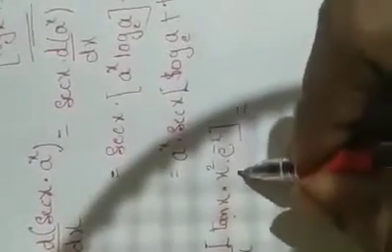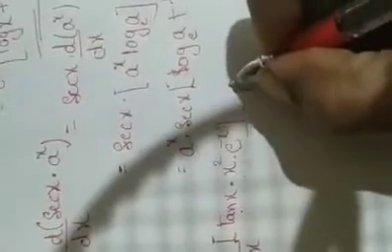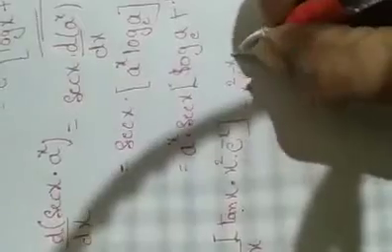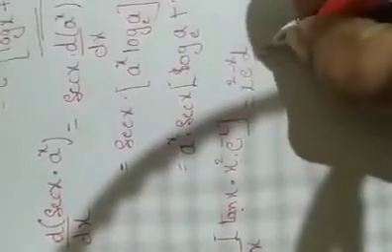How to find the derivative for this? If there are three functions, keep two of the functions as they are. Let us keep the second two functions as they are, x square e raised to minus x. Let us find the derivative of tan x.